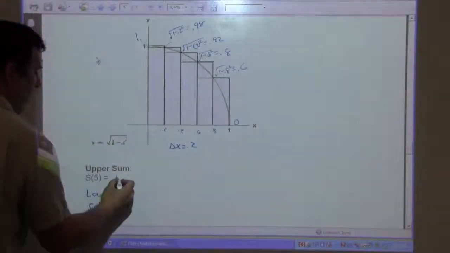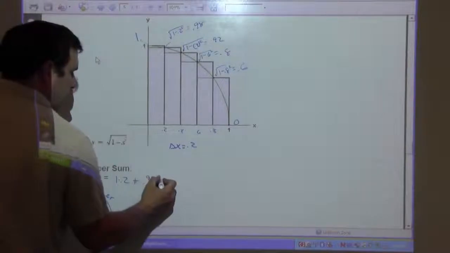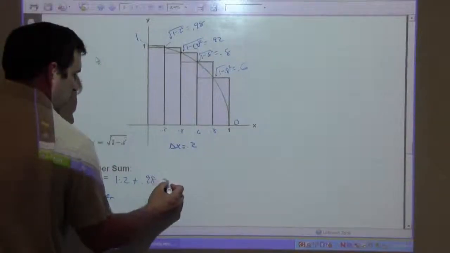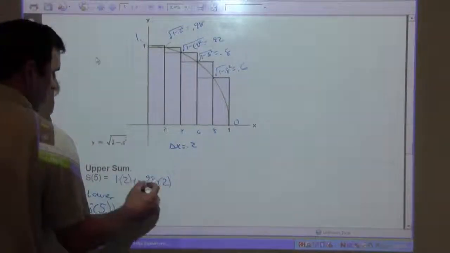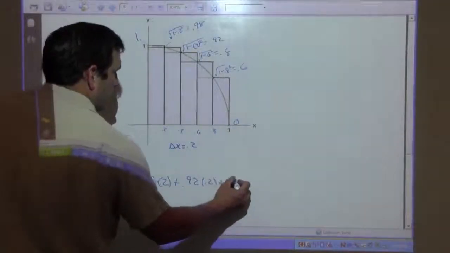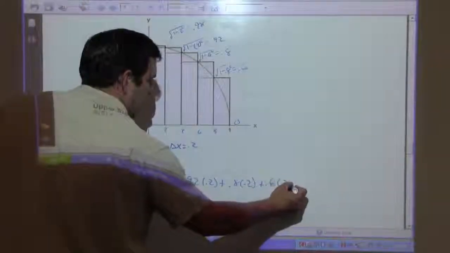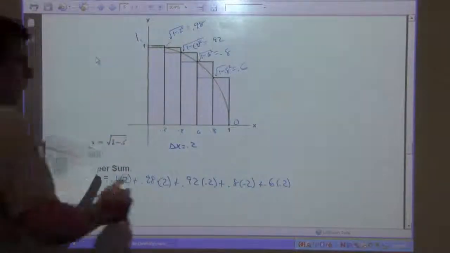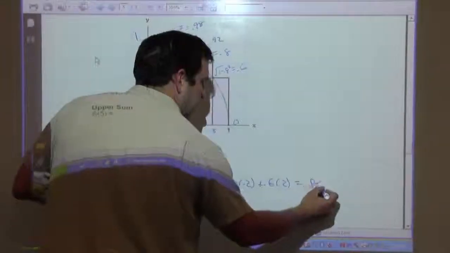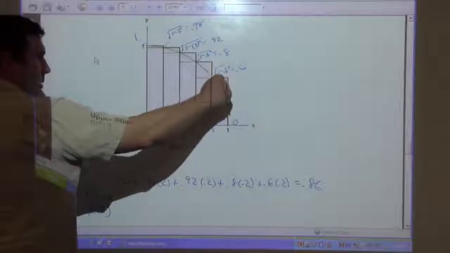So we have 1 times 0.2 plus 0.98 times 0.2 plus 0.92 times 0.2 plus 0.8 times 0.2 plus 0.6 times 0.2. And that is 0.86. That's the upper sum. That takes the higher one.